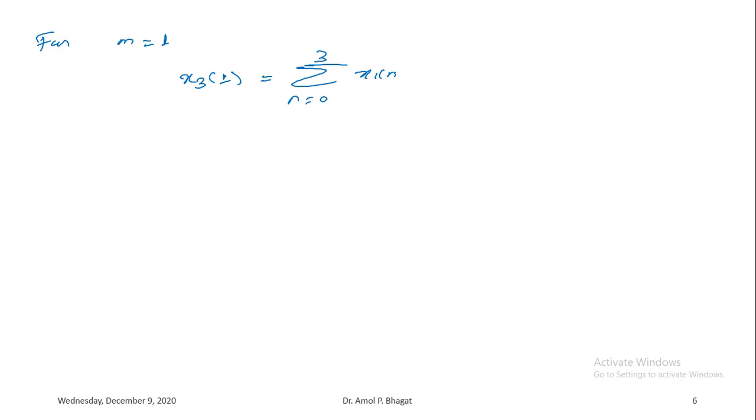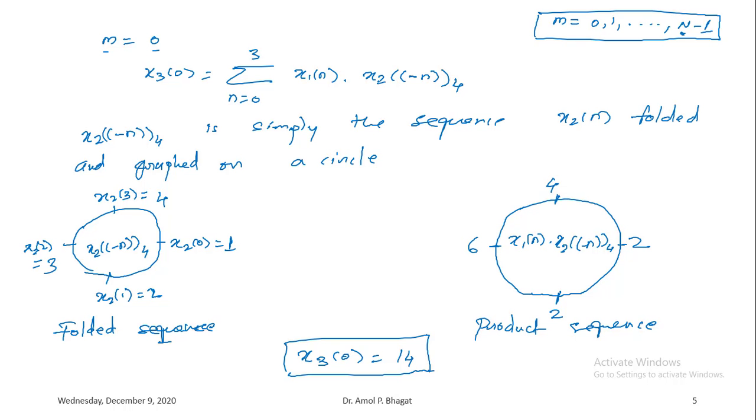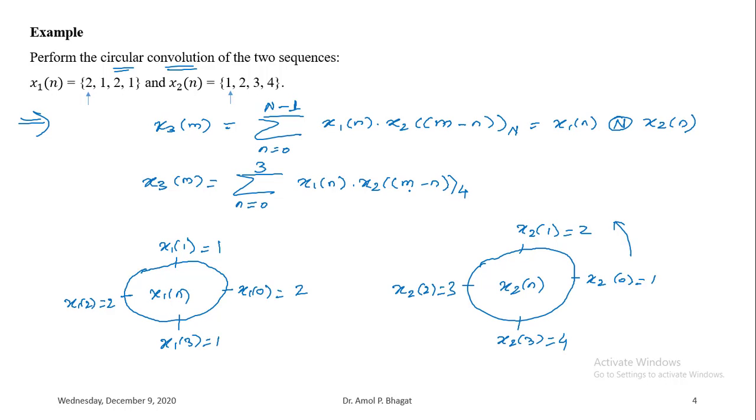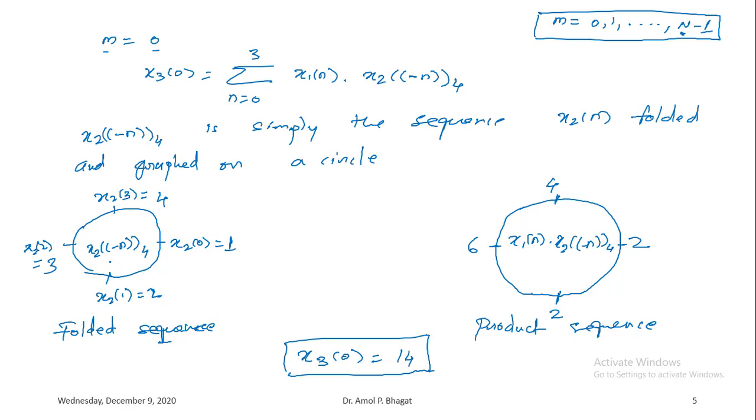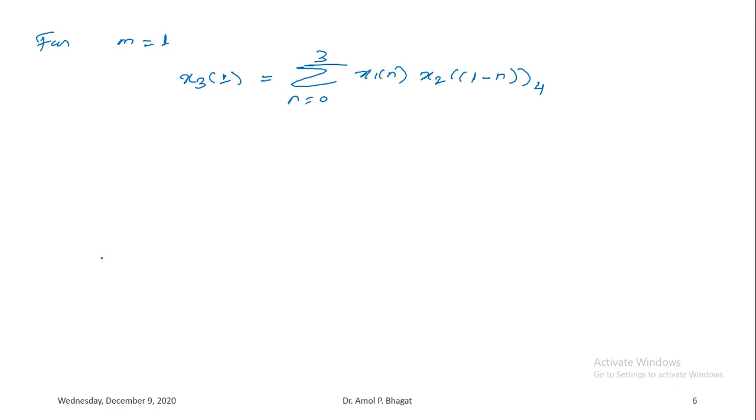As per the circular convolution formula we substitute m equals 1, so it will be x2 in double bracket 1 minus n in suffix 4. We already have the sequence x2 of minus n, which is the folded sequence. We now want to circularly shift that sequence by one sample.